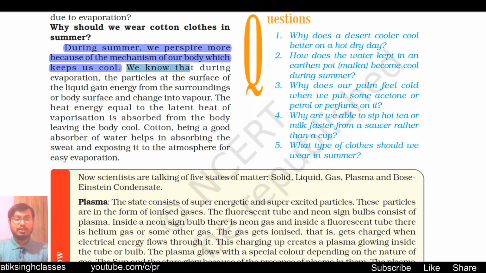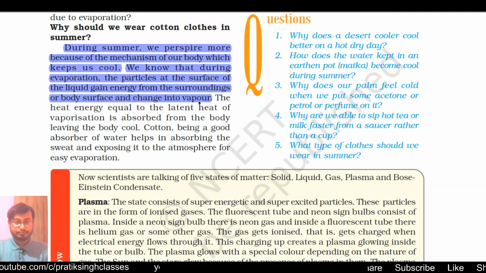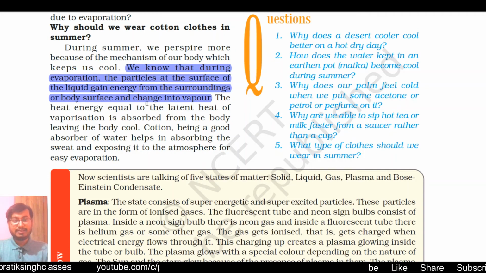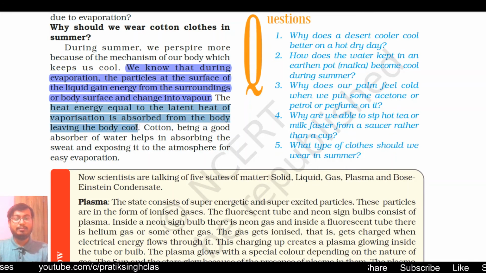We know that during evaporation the particles at the surface of the liquid gain energy from the surroundings or body surface and change into vapor. Means because of evaporation the particles take energy from our body itself. The heat energy equal to the latent heat of vaporization is absorbed from the body, leaving the body cool.